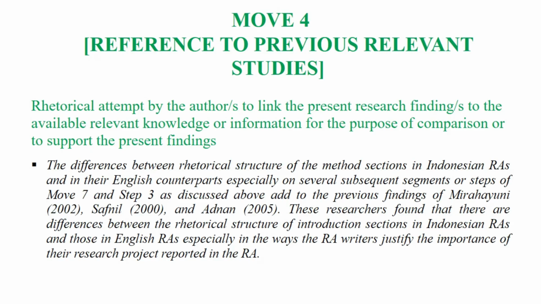So this is the example, the differences between rhetorical structure and so on. So we need a reference to cite here because we want to support our finding or our claim.